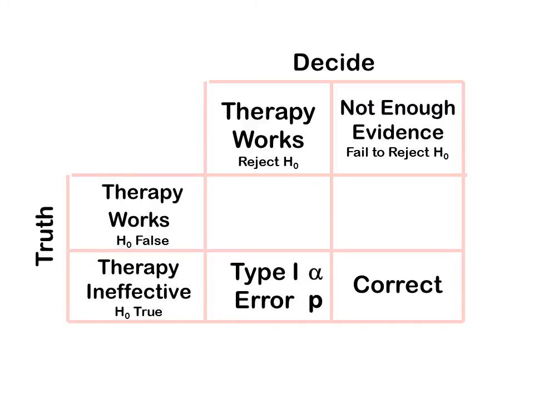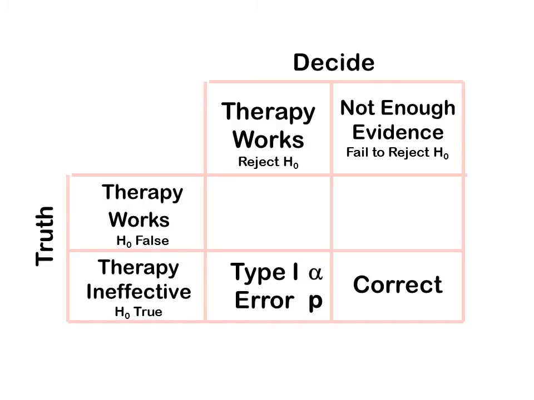One is called an a priori probability, and that's given to us by alpha. That's the most we're willing to risk being wrong. We usually set that at 0.05, but it could be set at 0.01, sometimes at 0.1, but most typically at 0.05.